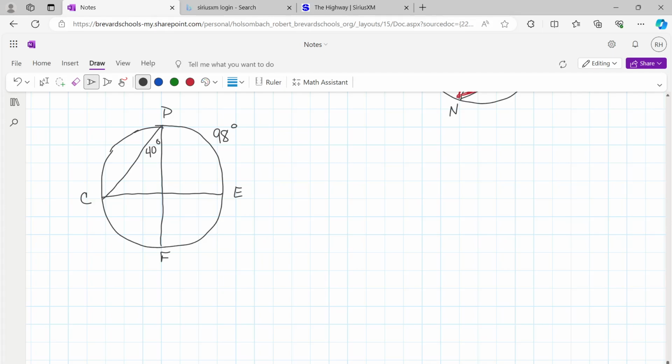So we've got to find arc CF and we've got to find the measure of angle C. So the measure of arc CF is equal to, well, angle D right here is 40 degrees and it's an inscribed angle, and arc CF is its corresponding arc. So C to F is twice as big as the 40, so we do 2 times 40. So arc CF is 80 degrees.